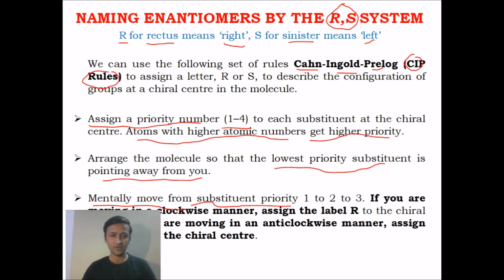If you are moving in a clockwise manner, we assign it as R, so the configuration around that chiral carbon atom will be R. If you are moving in an anti-clockwise manner, it is assigned as S. This is how we use the three rules in giving notations R and S. Let's take a few examples now to make it clear.